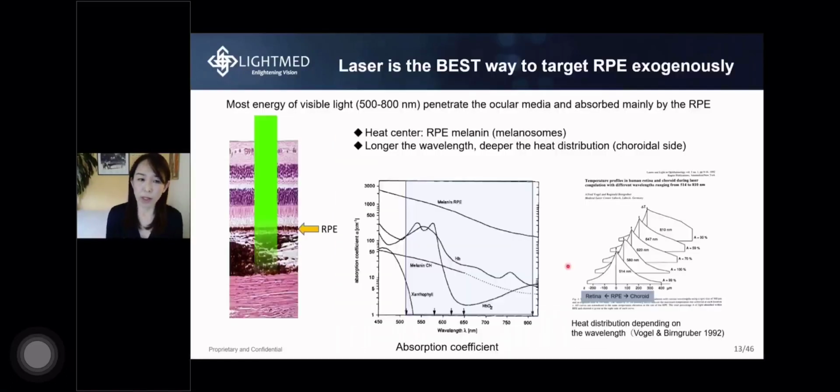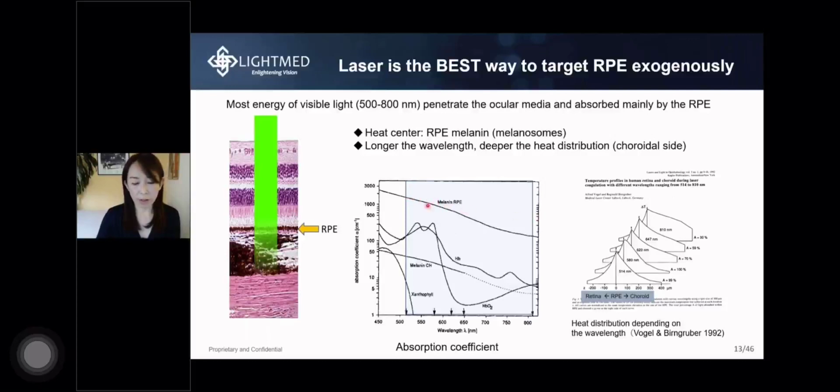So on this slide, I'd like to talk a little bit about the physics of why RPE can be targeted with laser. Many of you know that laser is the best way to target RPE exogenously, because the most used laser light, from 500 to 800 nanometer wavelengths, penetrates the ocular media very well and is absorbed mainly by the melanin in RPE cells. It has a very high absorption coefficient.